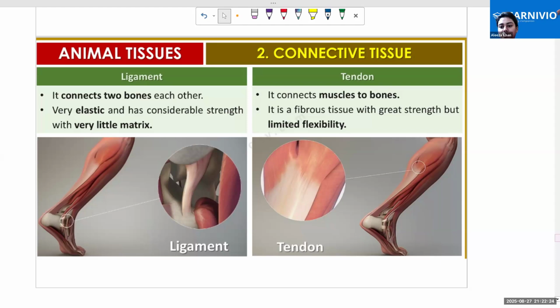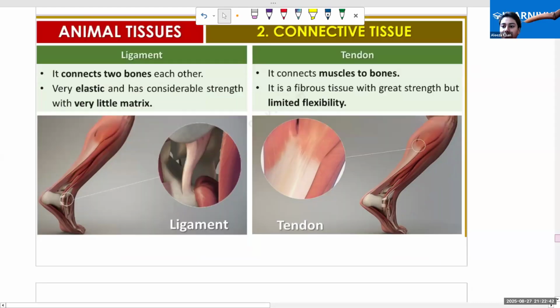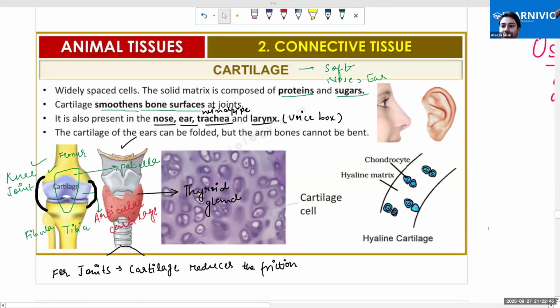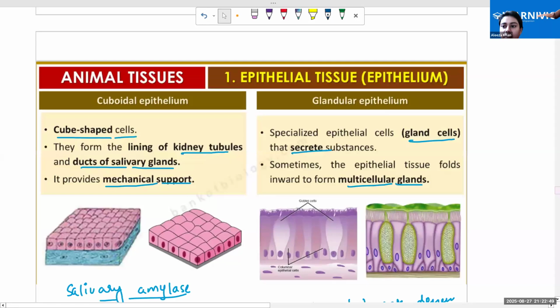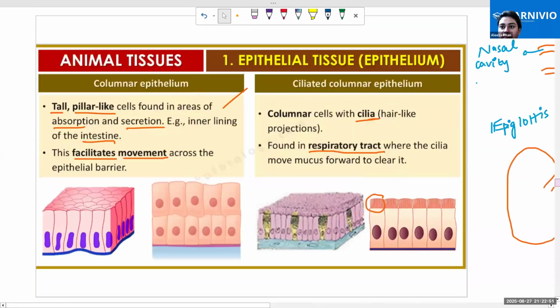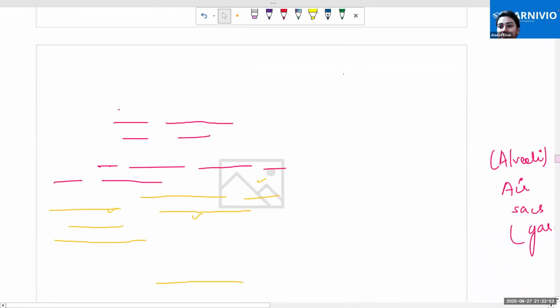Yes, they are tight connective tissue, dense connective tissue. I'm not able to hear you properly, Mohammed. Yes, they are dense connective tissue.